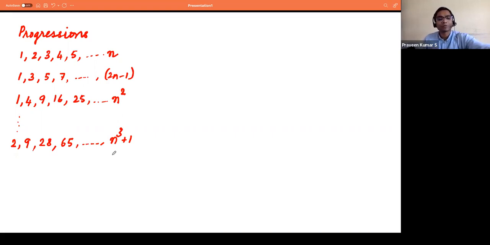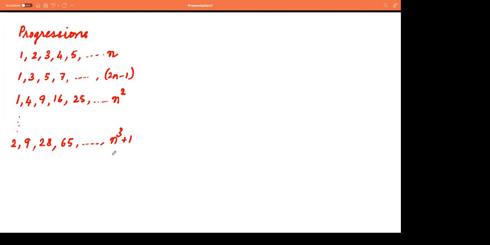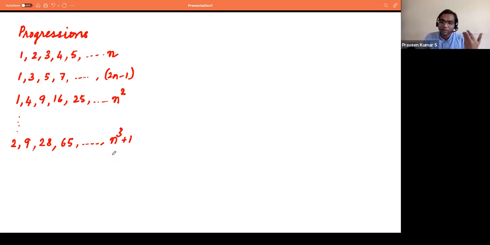So 1 cube plus 1, you got 2; 2 cube plus 1, you got 9; and 3 cube plus 1, you will get 28, and so on. The next number would be 126. The number after that would be 217, and so on, right? The idea here is we are choosing real numbers and arranging them in a particular sequence.